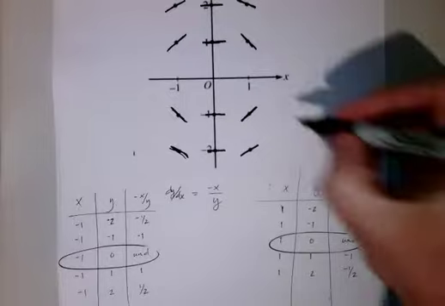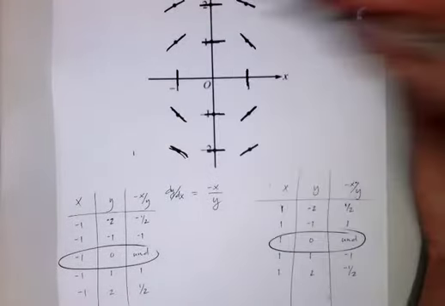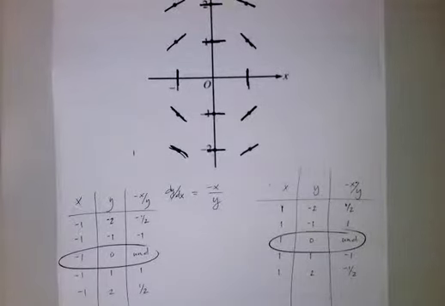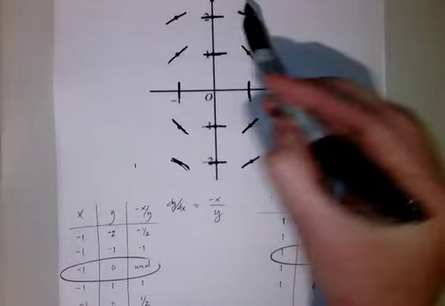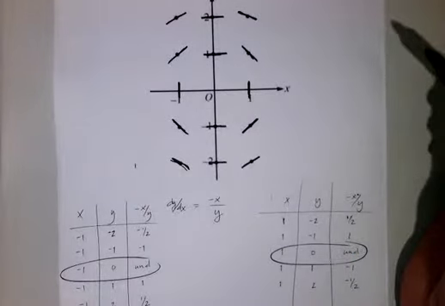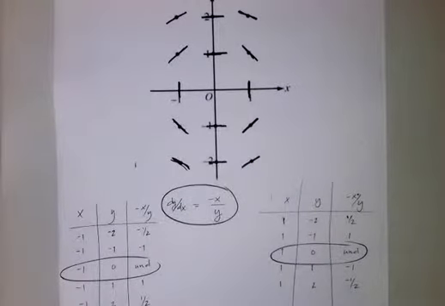Well, an undefined slope, if you remember, is straight up and down. So we have actually taken those 15 points and constructed the slope field based upon that differential equation right there. Well, what happens at 0, 0? Well, 0, 0 is indeterminate, so we just leave that one blank.